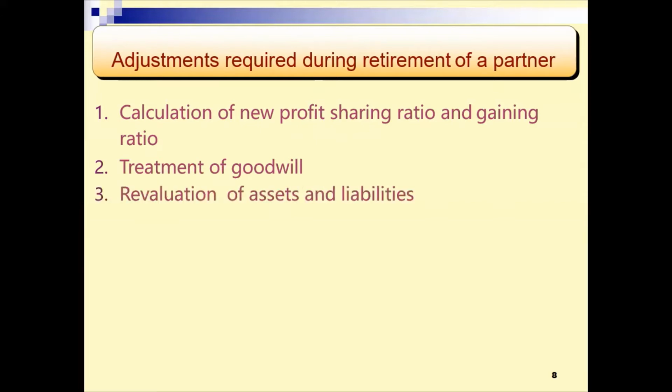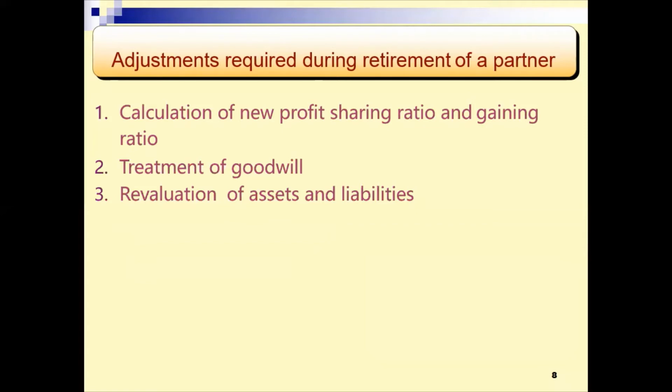The valuation of assets and liabilities may also take place, but in this lecture, mainly we'll focus on treatment of goodwill when a partner retires. There will be a lesson later on the valuation of assets and liabilities, and that will be covering retirement of a partner, admission of a partner, and also change in profit sharing ratio, because these are the major changes which significantly affect the partnership agreement.